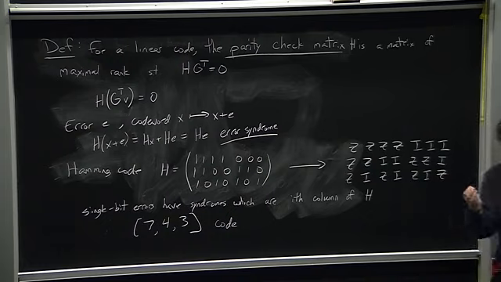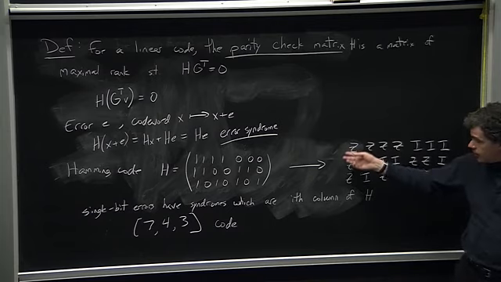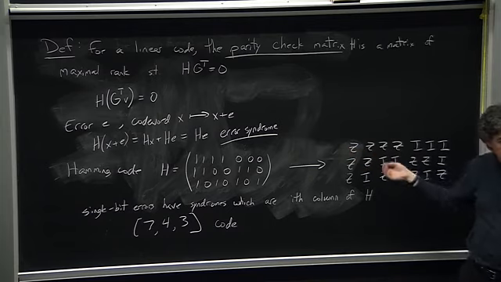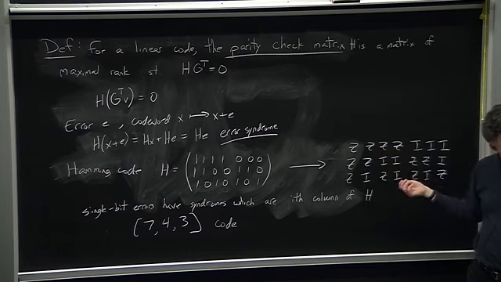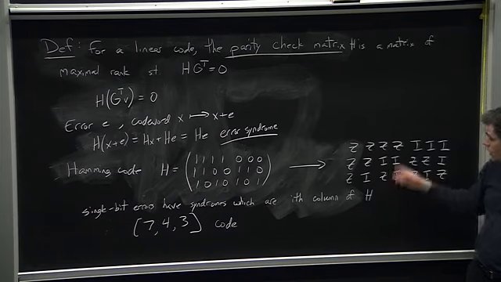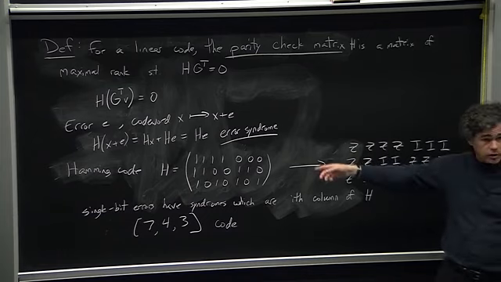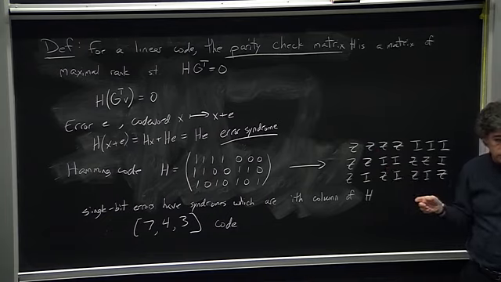Because for a bit flip, what is the error syndrome going to be? It's going to be the set of things that anti-commute with that bit flip. So whenever we have a Z, it's going to anti-commute, and whenever we have an I, it's going to commute. So for a single bit flip error, we're taking one column here, which is exactly what we did there to get the error syndrome.